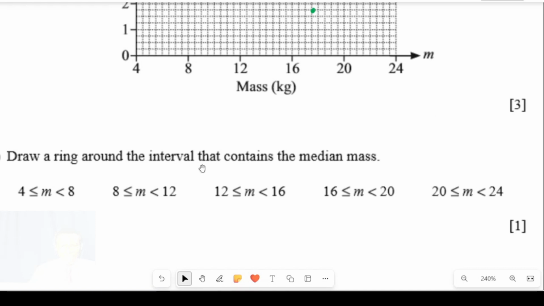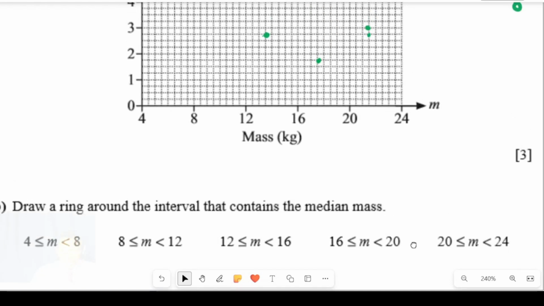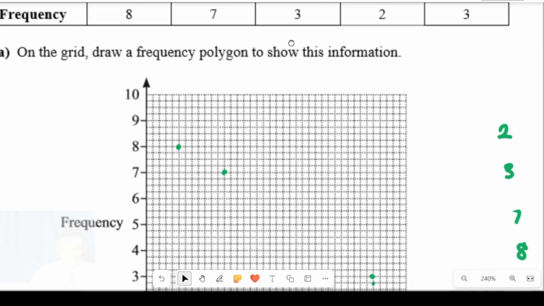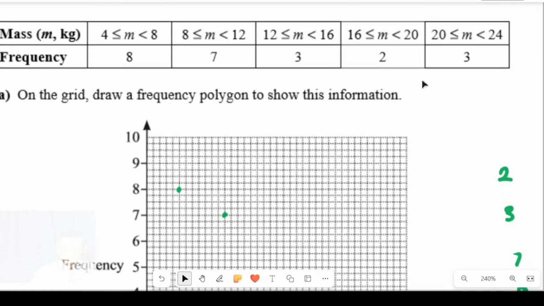Draw a ring around the interval that contains the median mass. Now for the median mass, how many values are there? There are 23. So let's look for the middle value from the lowest to the highest. 23 divided by 2 gives us 11.